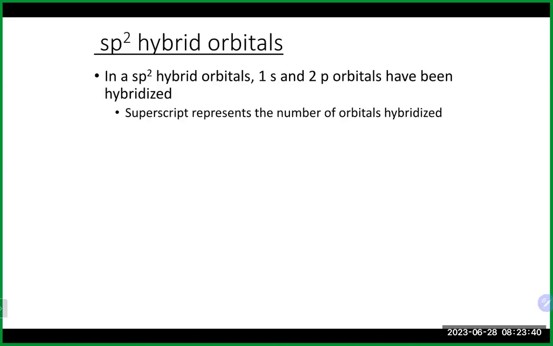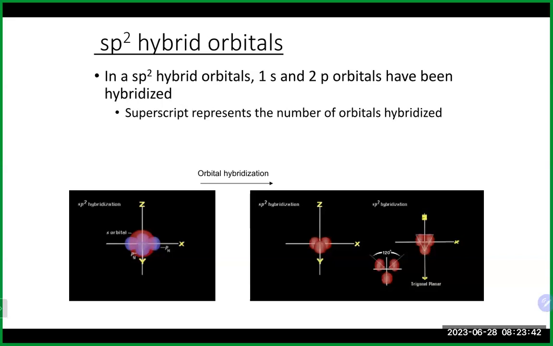The next type of hybridization that occurs is going to be the sp2 hybridization. And the sp2 hybridization, much like the name implies, we're going to take our s, and in this case, we're going to take two p orbitals that are going to come together. So that is a grand total of 3 orbitals that have been hybridized. That is going to result in 1, 2, and 3 sp2 hybrid orbitals being made.